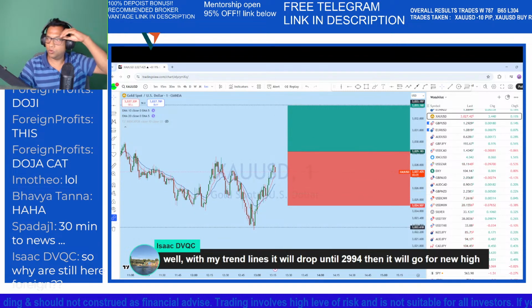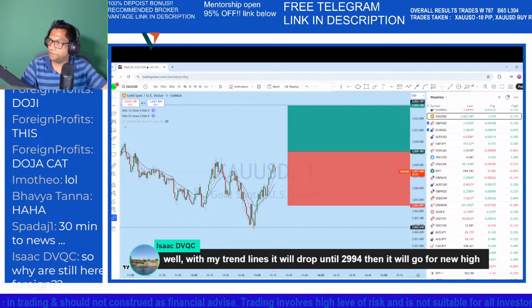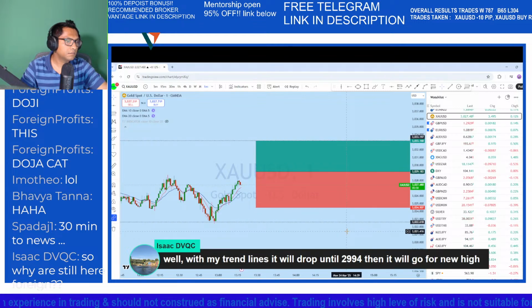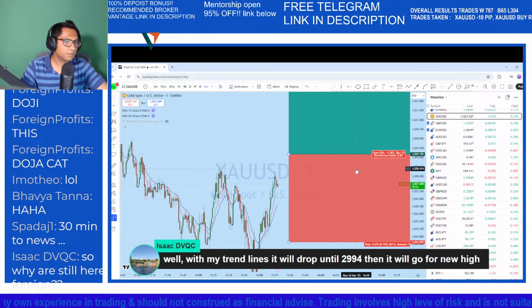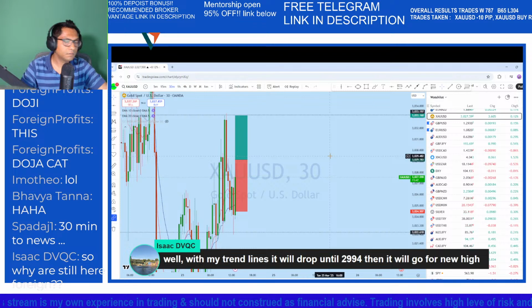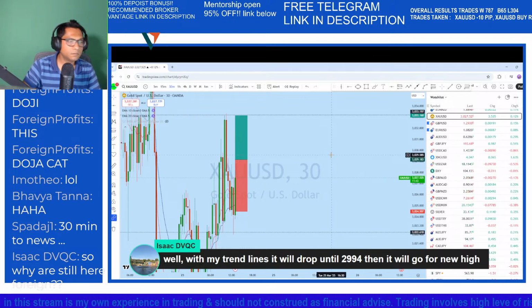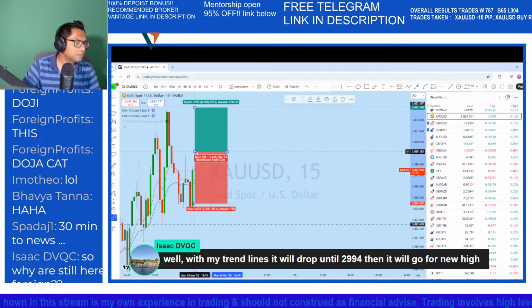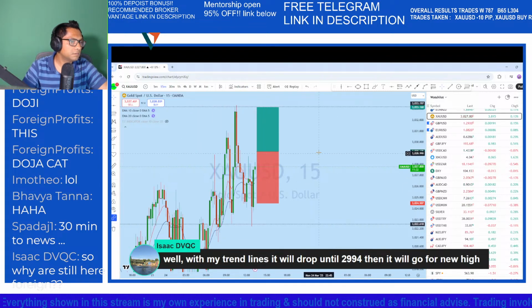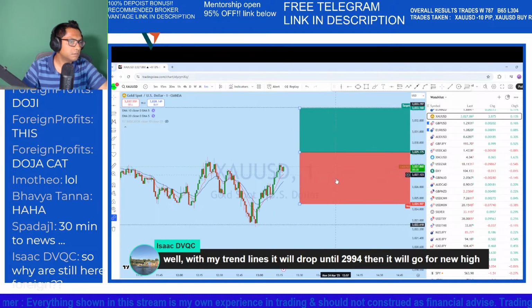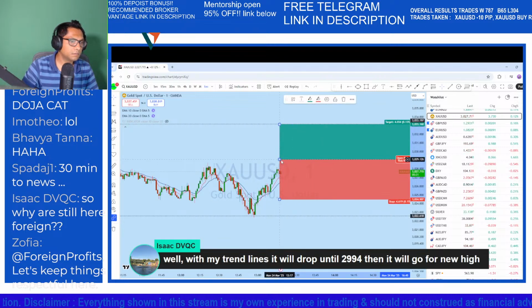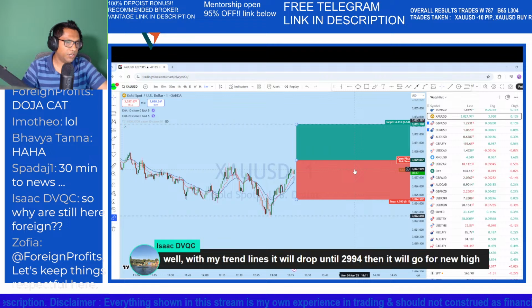If we see the breakout structure, we will not be entering the trade. If we see this break of the high, then we will be in the trade.